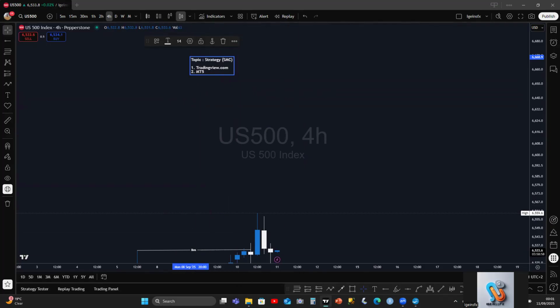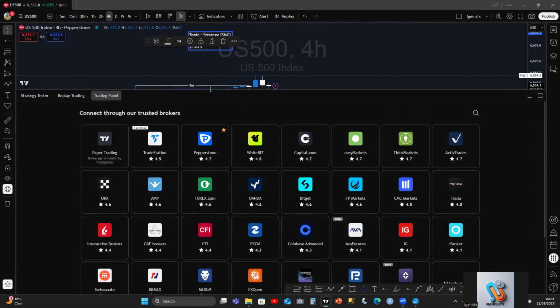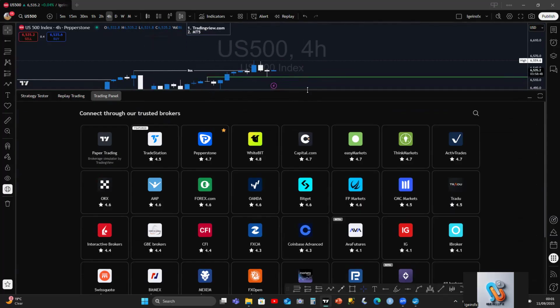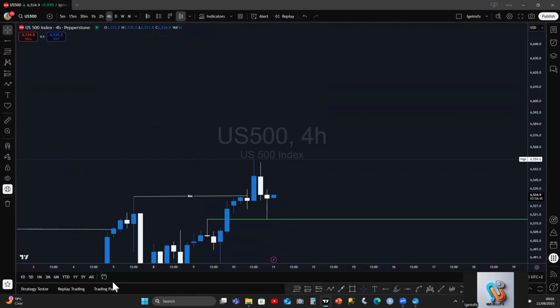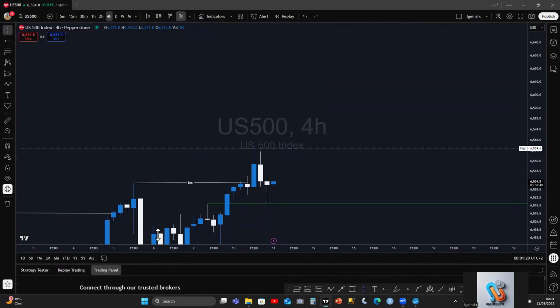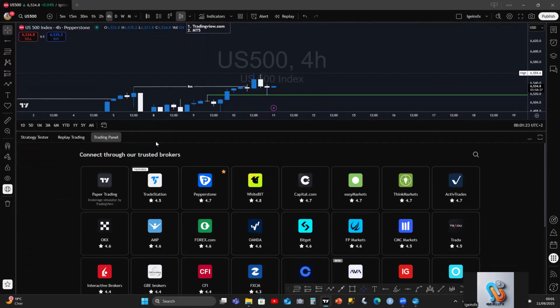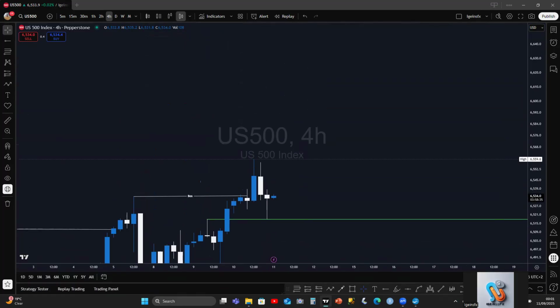Once you are done, we have different brokers. Once you are done downloading, all you need to do is come to the downside here, where you have all those trading panels, put your cursor there and drag it. Then you can link a broker to either the MetaTrader 5 that you downloaded or TradingView.